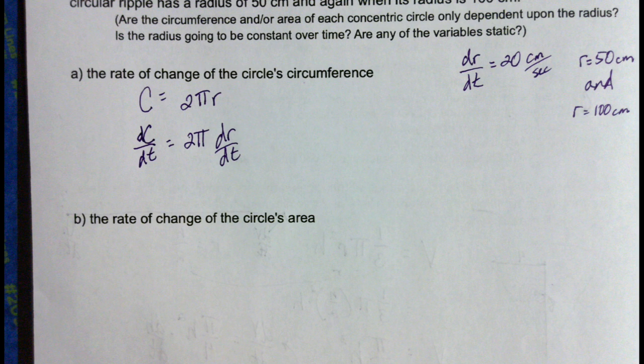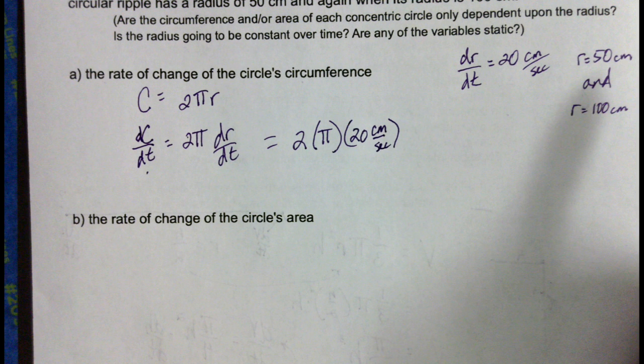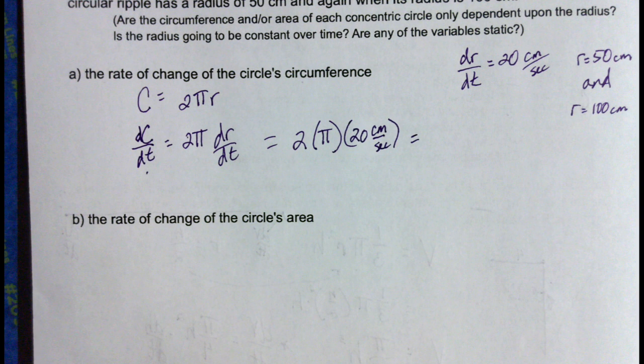And sure, you can do 125.6 centimeters per second. Although this was nice and pretty, the 40 pi business. So that was actually pretty easy. Again, circumference is linear. So that will be the easier one.